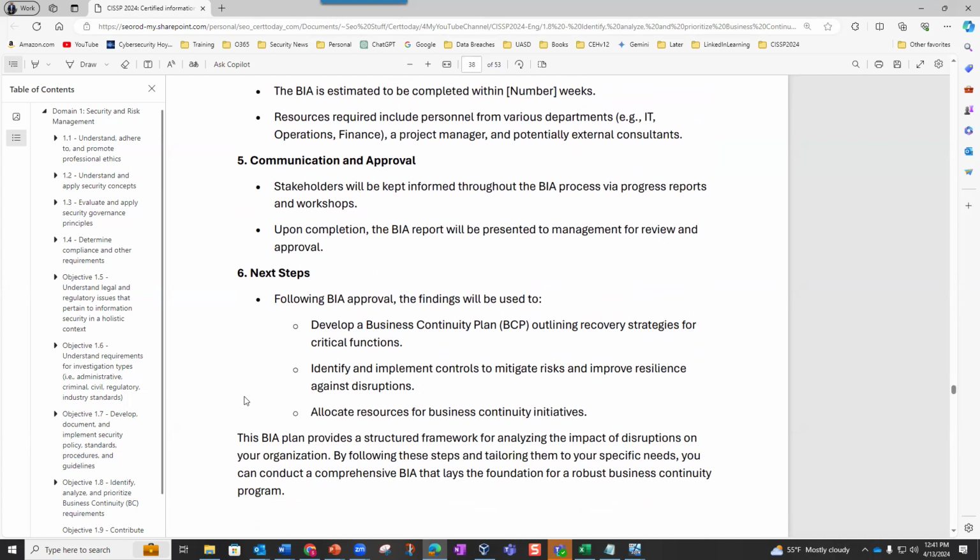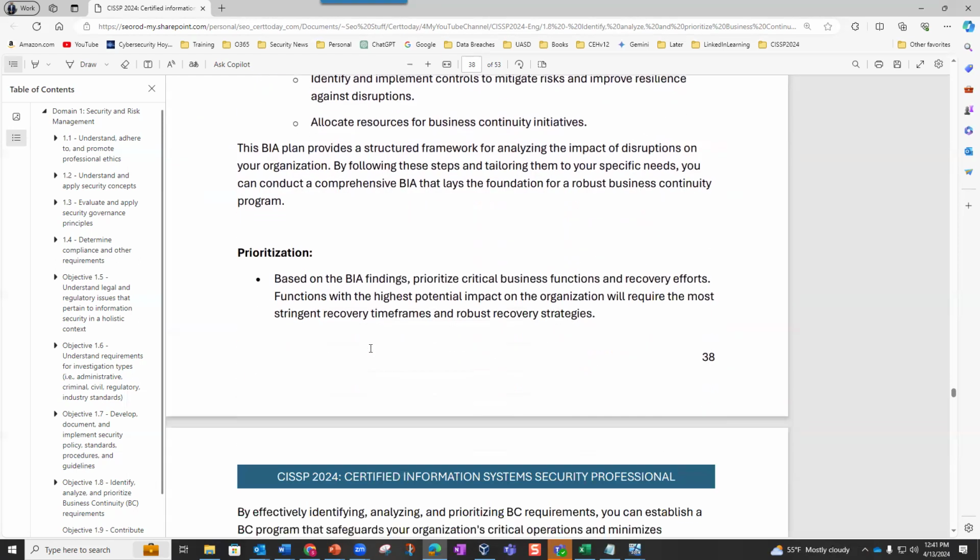But the bottom line is that this BIA plan provides a structured framework for analyzing the impact of disruption on your organization. By following these steps and tailoring them to your specific needs, you can conduct a comprehensive BIA that lays the foundation for a robust business continuity plan.